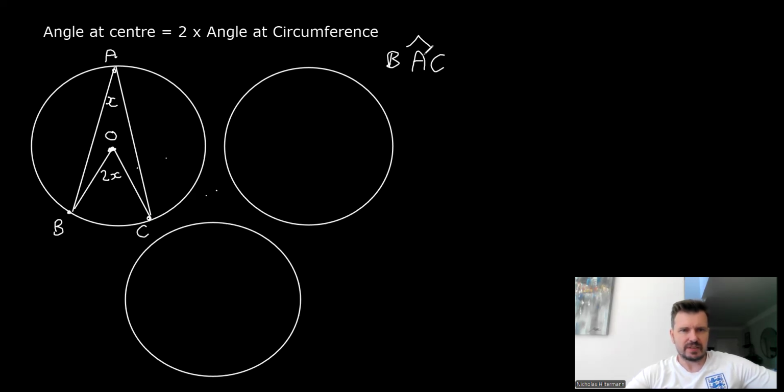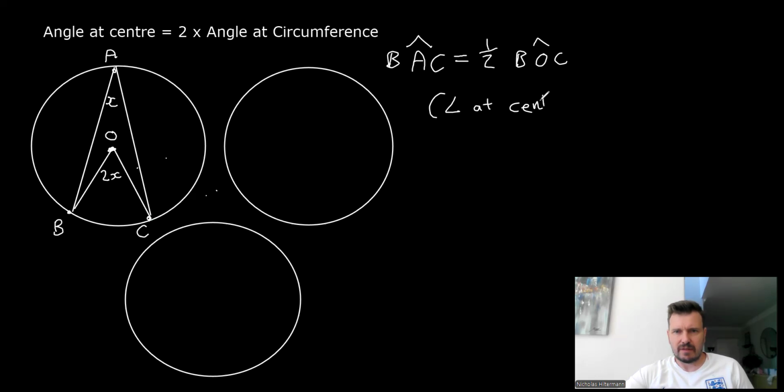Angle BAC is equal to, now, if this is X, it's basically a half of the center, isn't it? So angle BAC is equal to a half of BOC. And your reason: angle at center equals 2 times angle at circumference.